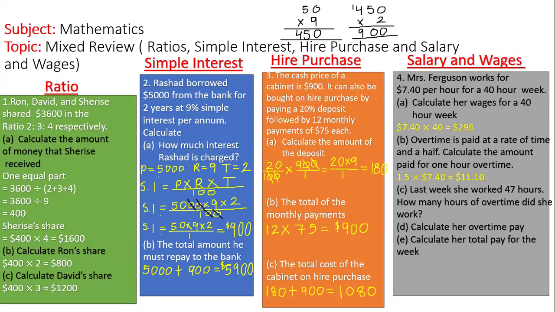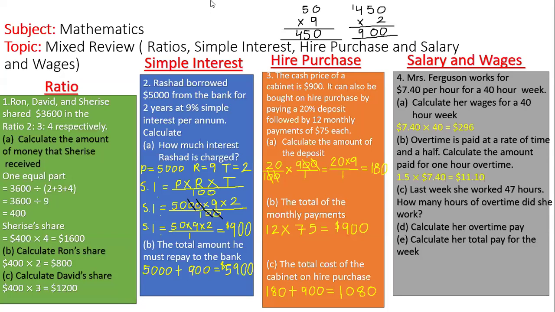Overtime. Yeah, 1 hour of overtime. How much does he get paid for a regular work hour? $7.40. Very good.